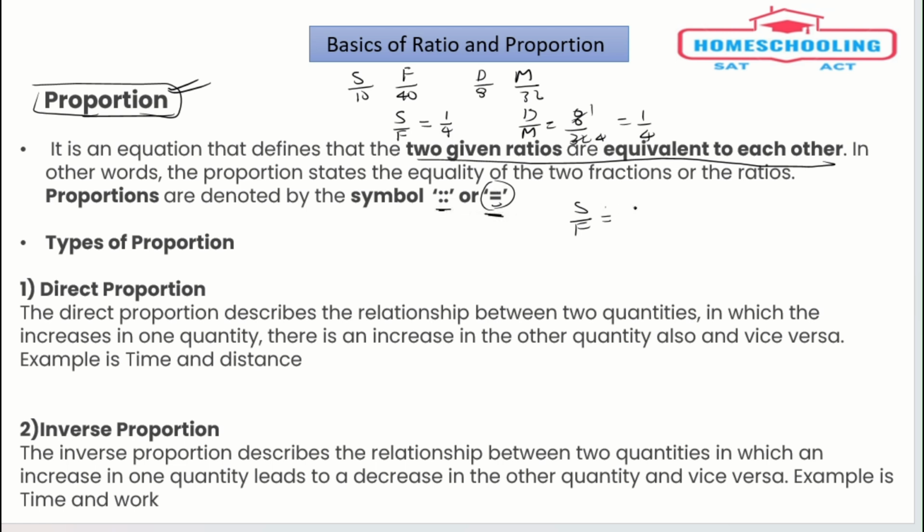So we can say that son's age to the father's age is proportional to daughter's and mother's age, or we can also write this as son to father is proportional to daughter's and mother's age. So this is how you can write when two quantities or two ratios are in proportion with each other.